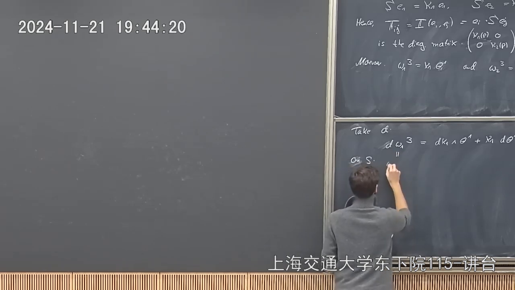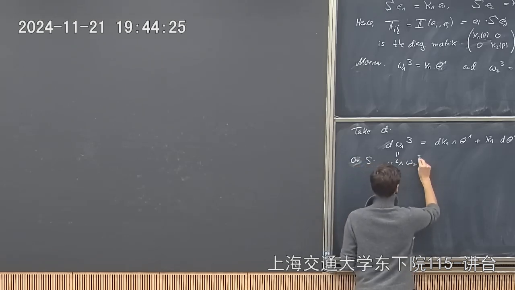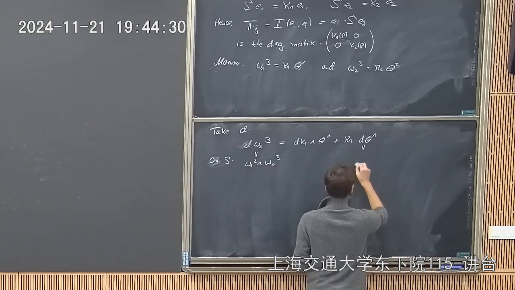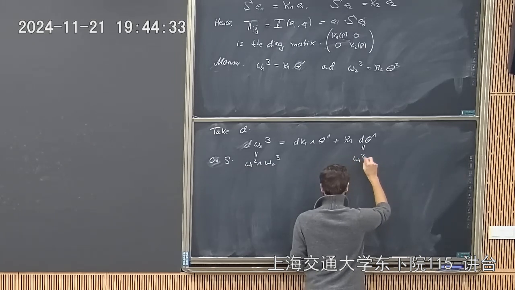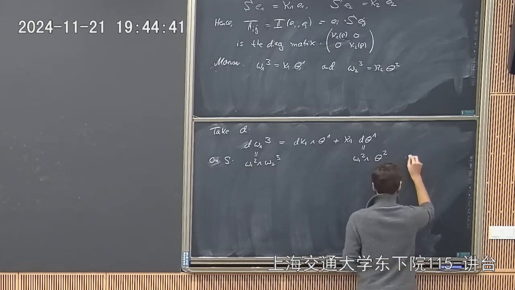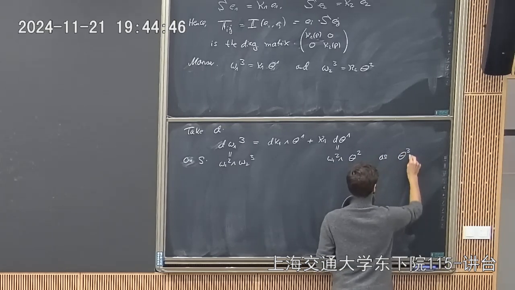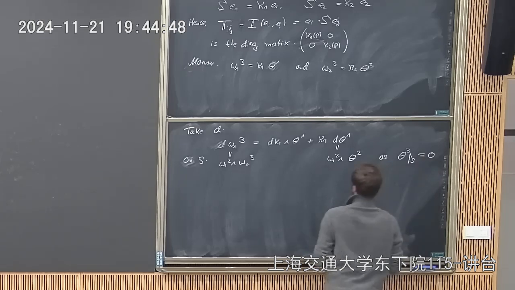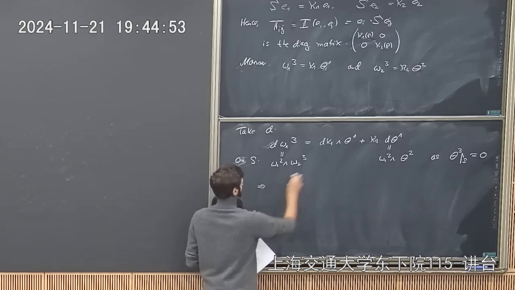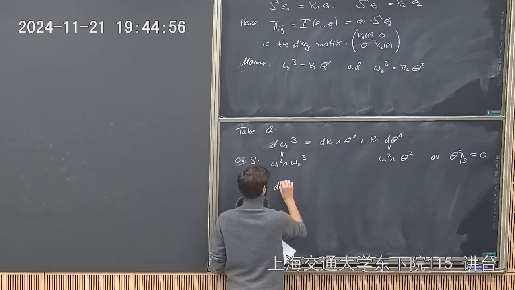We can write this one as omega 1 2, omega 2 3. And similarly here, we can write it as omega 1 2, theta 2, as if you have these ones and you restrict it to S, you get 0. So we can solve for this expression.